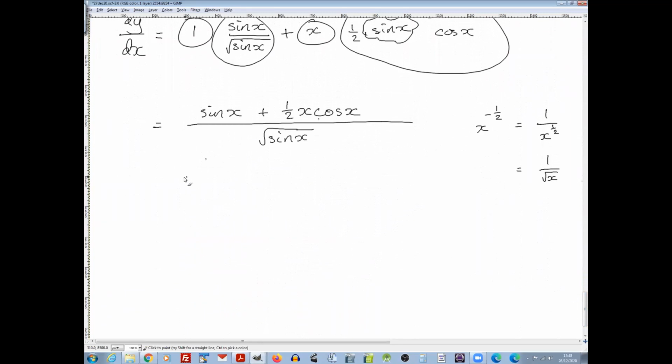Right. So yeah, let's set this to 0 in order to find the turning points. What should we say next? If this fraction is 0, then what? Then sine x plus half x cos x equals 0.